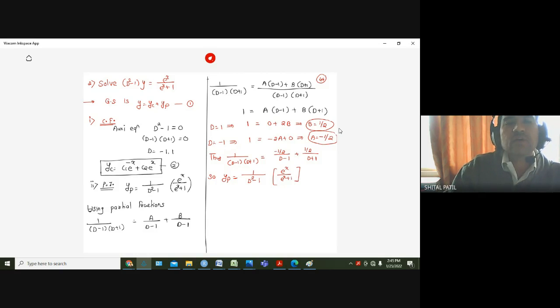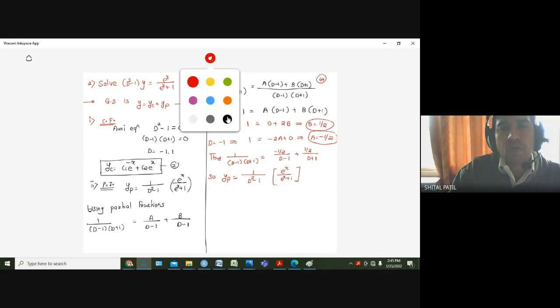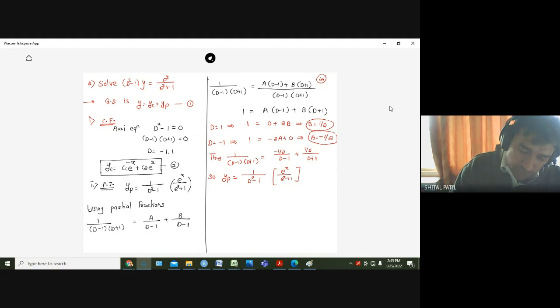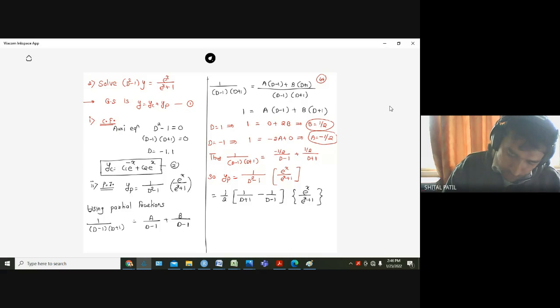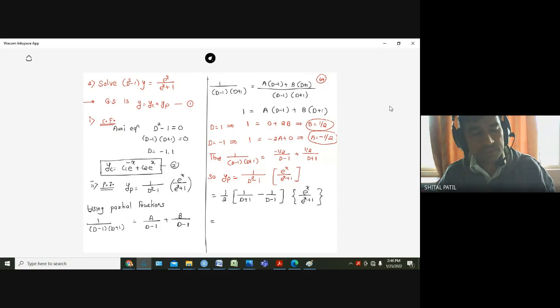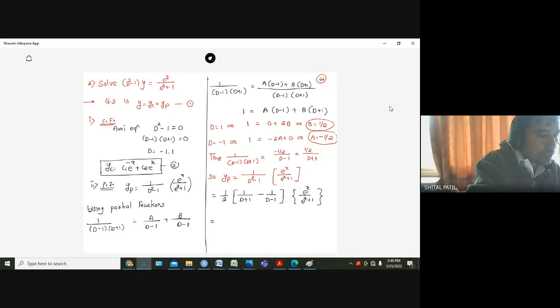Still the question remains how to understand whether we have to use partial fractions or the method we used in the previous example. That you understand by practice only. More the practice, more you will understand about the examples. So please let me solve the remaining part on the next page. But I want to use this formula.